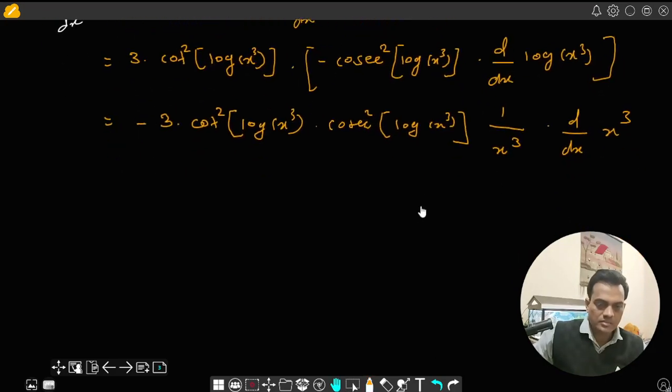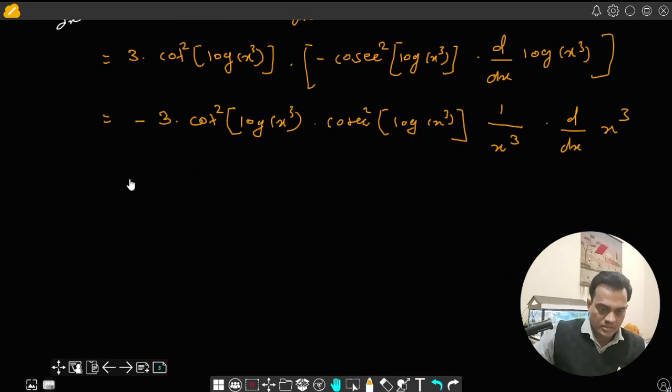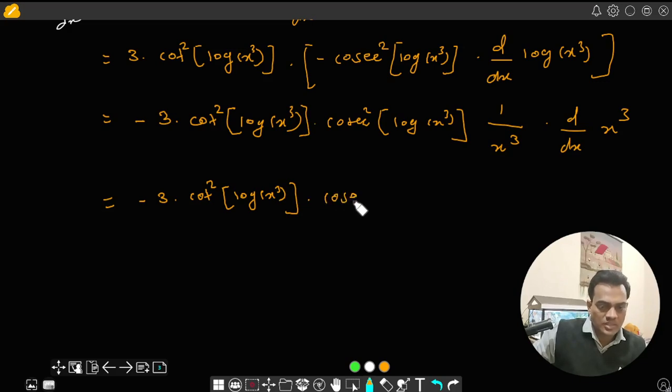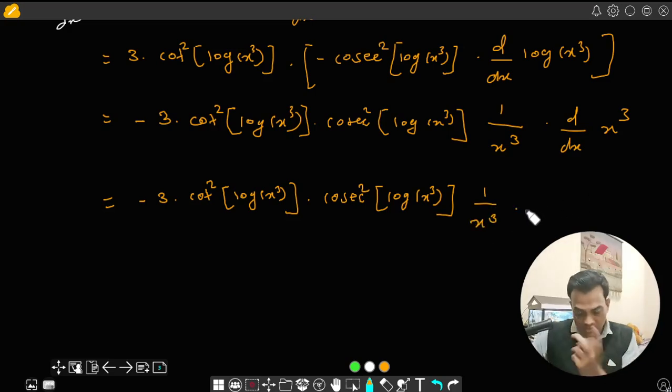So I will write it again: minus 3 cot square of log of x cube, then cosec square of log of x cube. This is 1 upon x cube, and the derivative of x cube is 3.